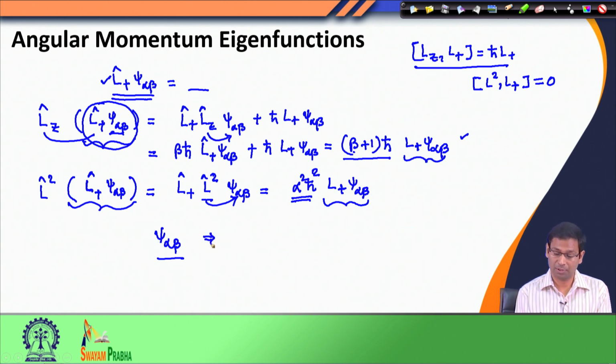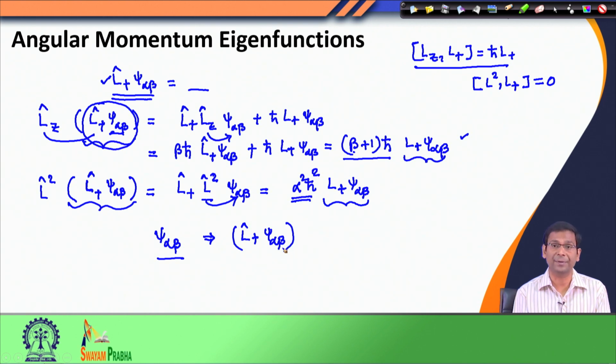Now, I am coming to a place where L plus psi alpha beta is also an eigenfunction of Lz and L square operators, but in this case the eigenvalue corresponding to the Lz operator becomes beta plus 1 into h bar, while the eigenvalue corresponding to the L square operator remains alpha square h bar square. Therefore, I am going to write this function as a new function, psi alpha beta plus 1.